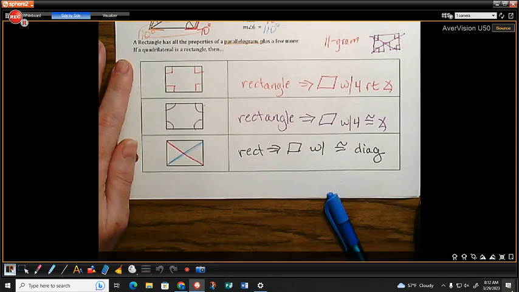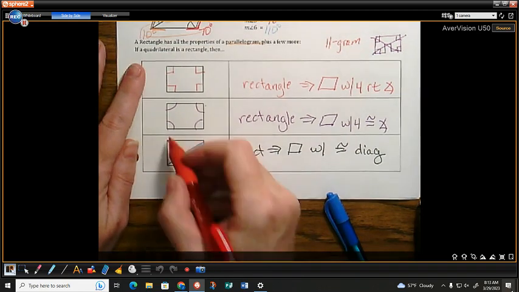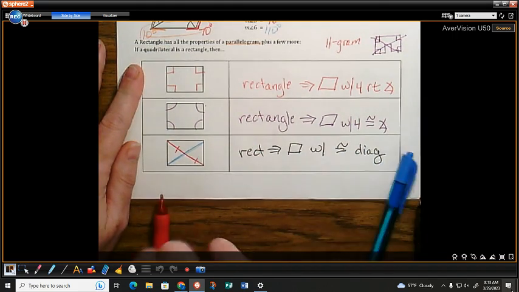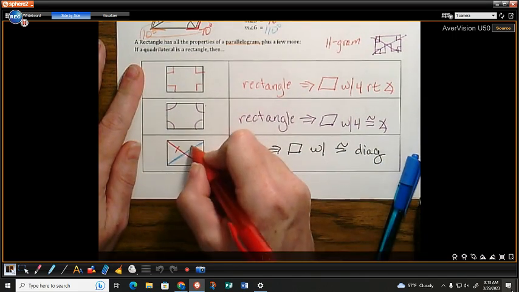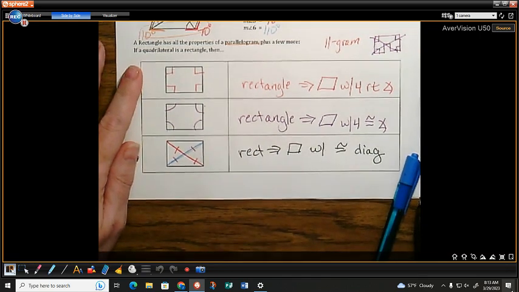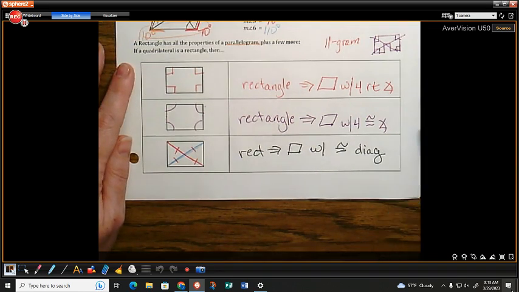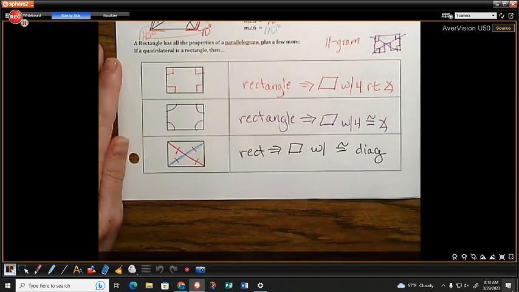They were all congruent. So if I have congruent diagonals and cut them in half, what's going to be true about all my little halves? They are also going to be congruent. Handy. That will be quite useful in giant problems where you have to figure stuff out about a picture.